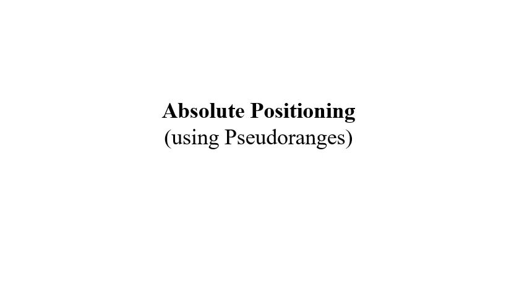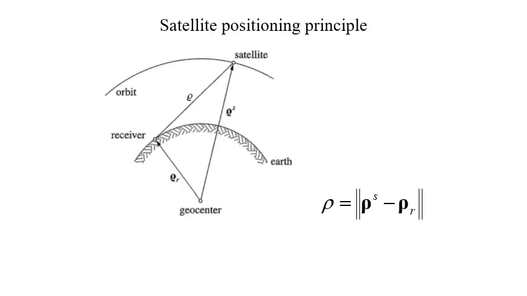So now let's introduce the mathematical model for the absolute positioning. The satellite positioning principle is well known by you. We need to determine our receiver position in a geocentric coordinate system by making measurements to the satellites.